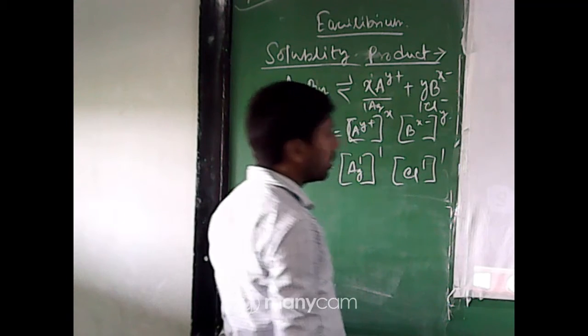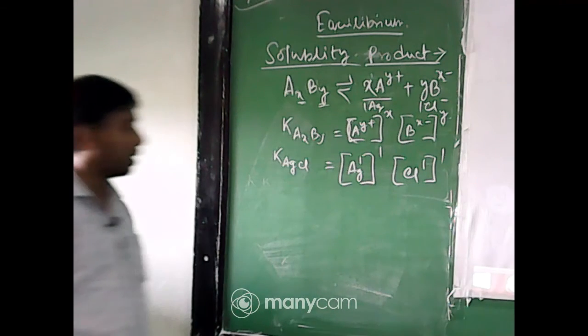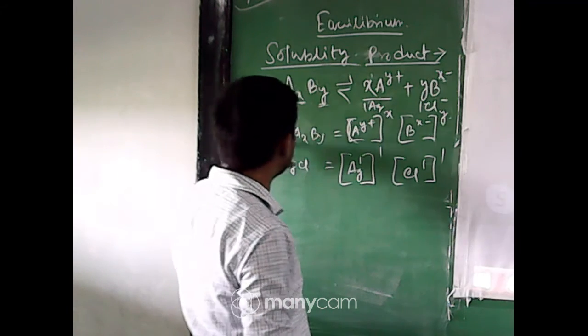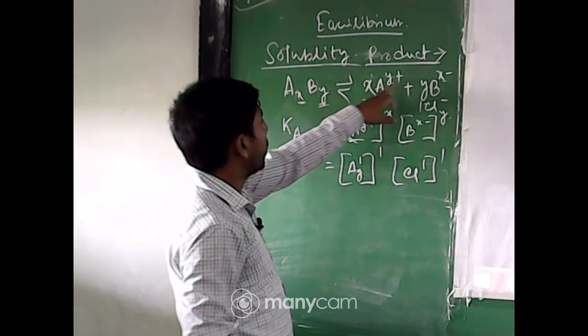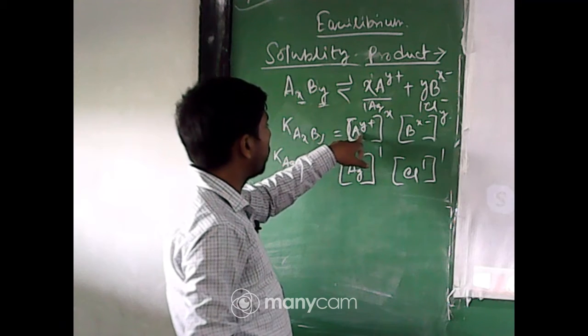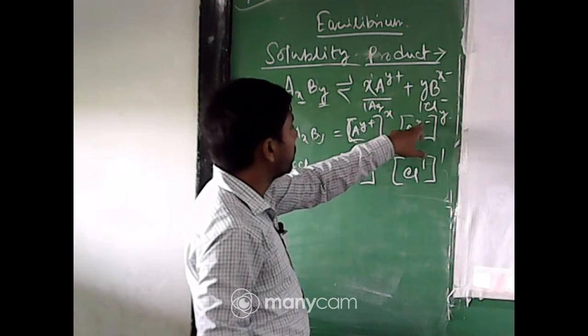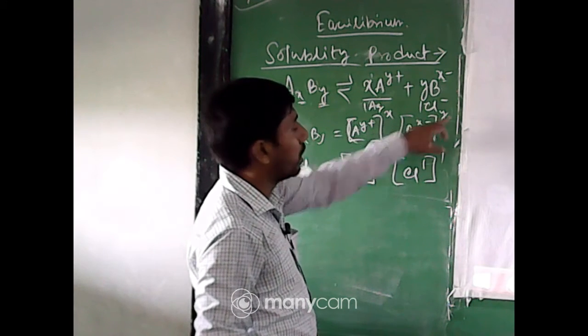In this way we can calculate from the general equation. So, for AxBy, the Ksp equals the concentration of A with the valency of A to the power of the number of A, times B with the valency of B to the power of the number of B.